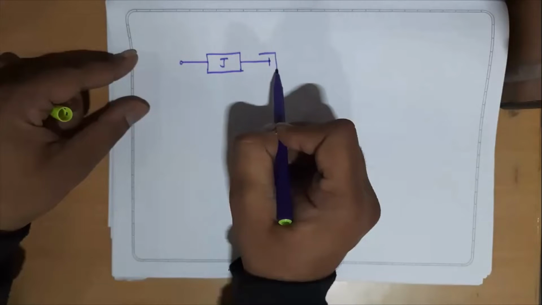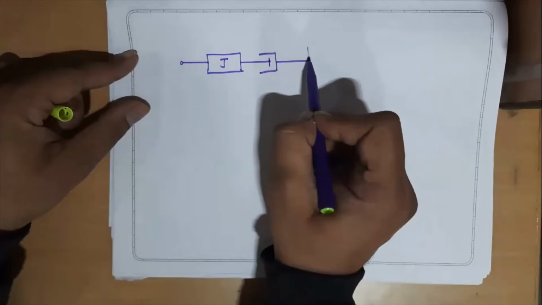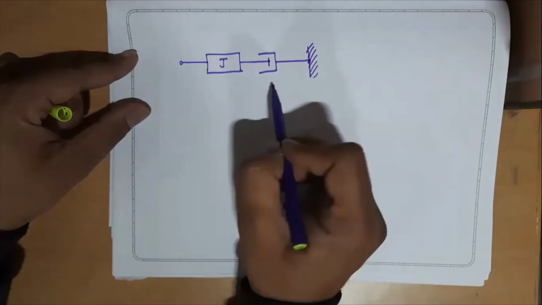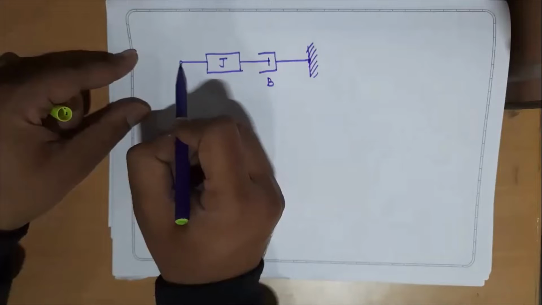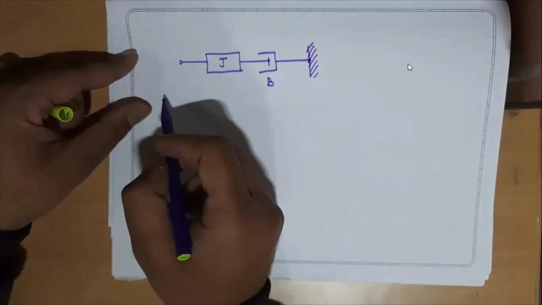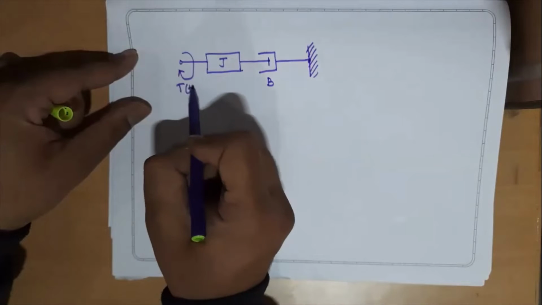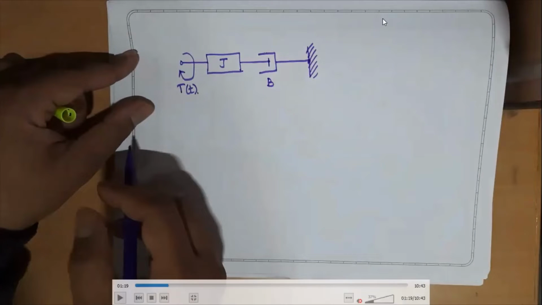I hope there are no queries. So let us take the simplest of the simple examples. We have J and B elements here, and I will represent the input T of T at this particular point.